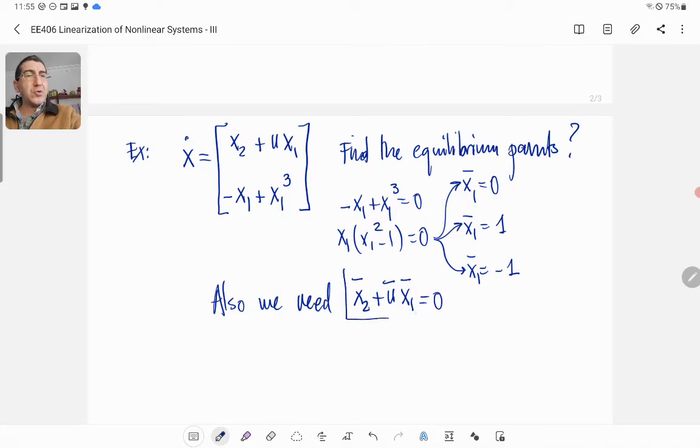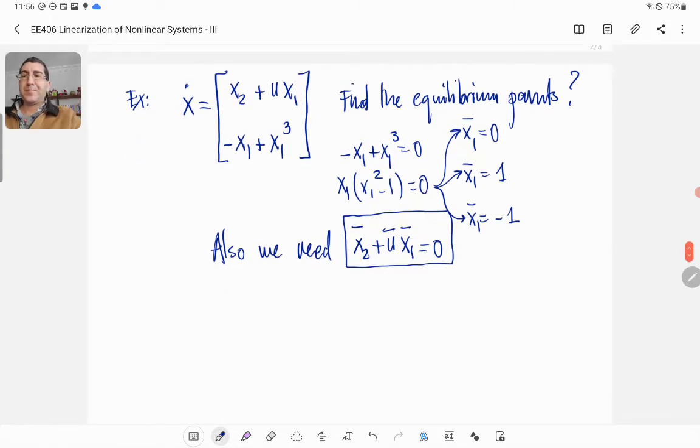This also needs to be satisfied at the equilibrium point. For x1 bar equal to 0, we have necessarily x2 bar also equal to 0.